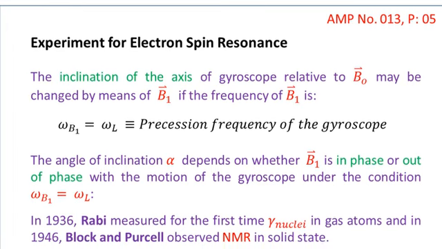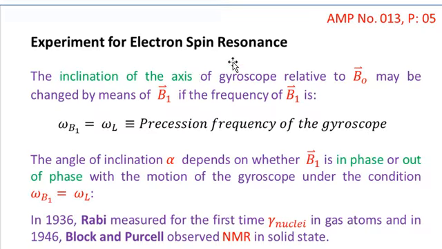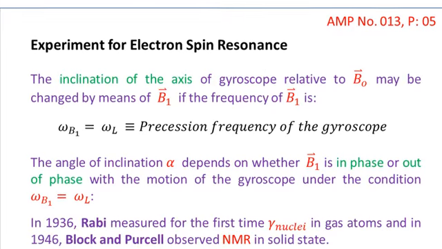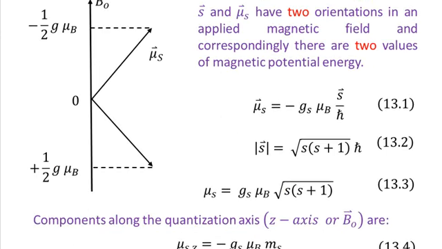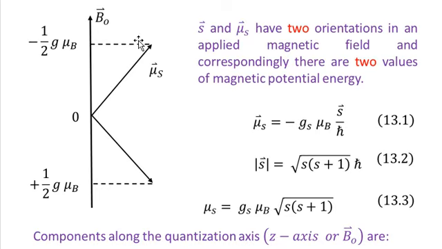Now I am going to present the experiment for electron spin resonance. That is, how can we measure the electron spin resonance? When we say electron spin resonance, it means that we want to measure the separation between these two levels shown in dotted lines.